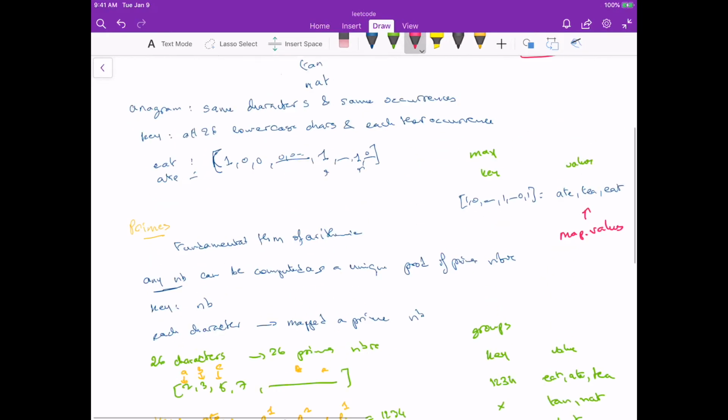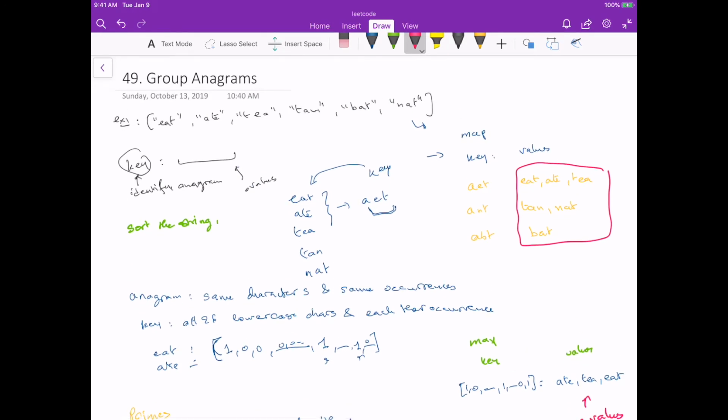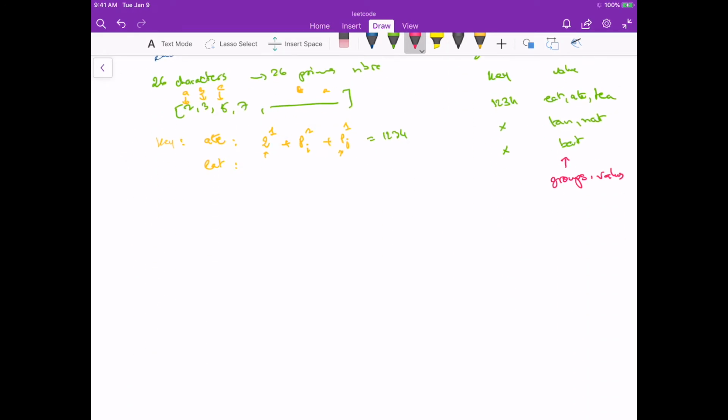And so here we saw 3 different solutions, but all follow the same idea, which is to convert the string to a canonical representation, which is basically just a standard representation that is the same for all anagrams. Then add the strings that have that representation as values for that key, and at the end just regroup the values.